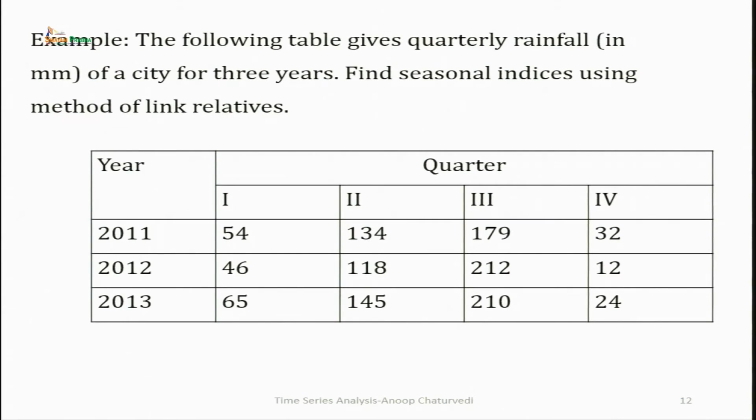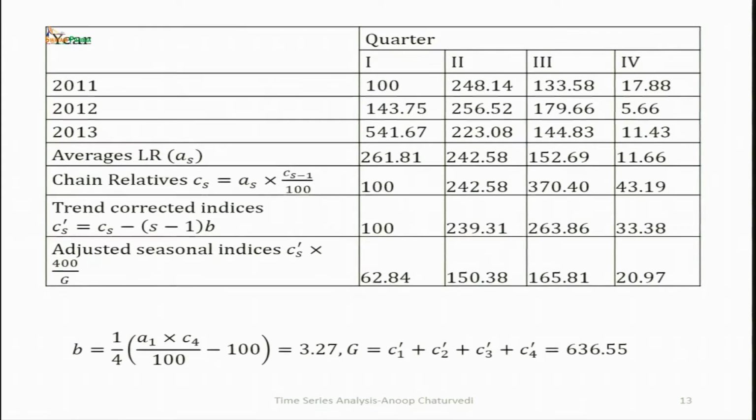Now, we explain the method of link relatives for obtaining the seasonal indices by this example. Again, we are using the same example which we have used for the earlier procedure. We have quarterly rainfall data for 3 years. Then we arrange the observations year wise and quarter wise, and then we calculate the link relatives.